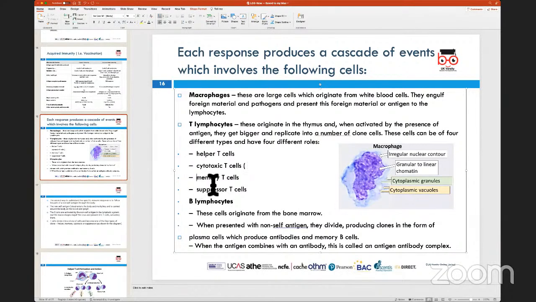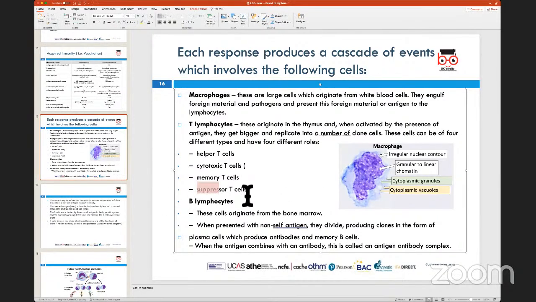Now, when we talk about memory T cells, the function of this particular type of cell is that it is going to remember for the long term what caused the infection. And if that particular pathogen infects the human body again, then these memory T cells will become active and create antibodies which will fight the infection within your body.